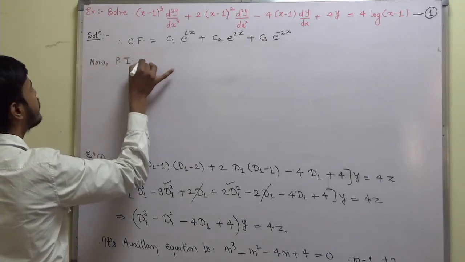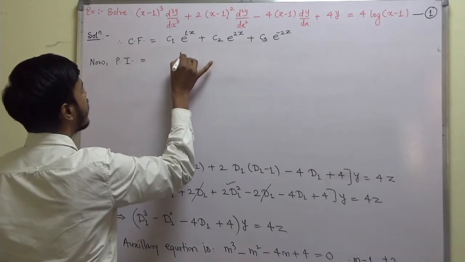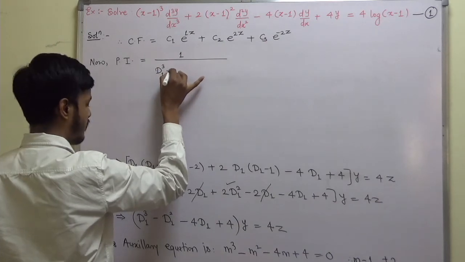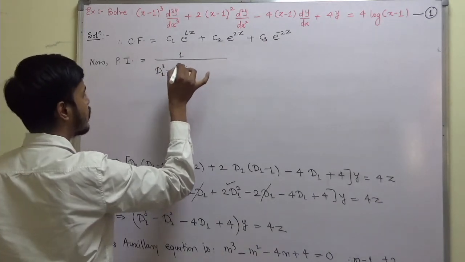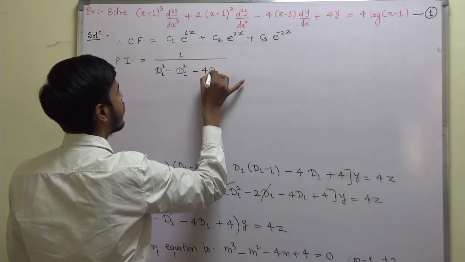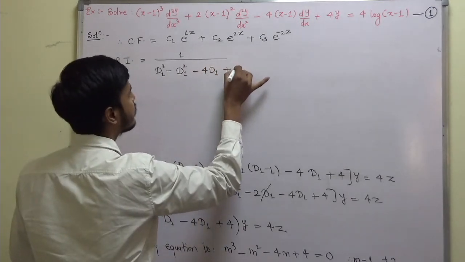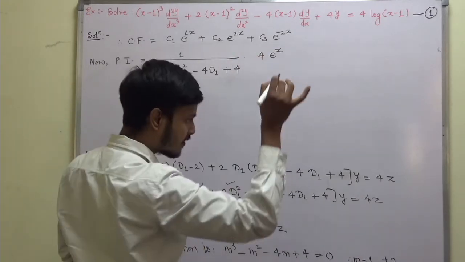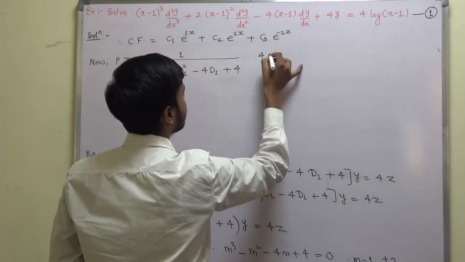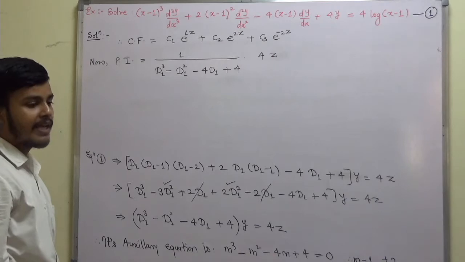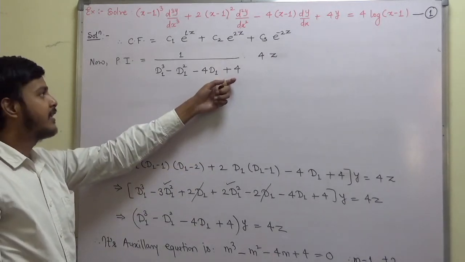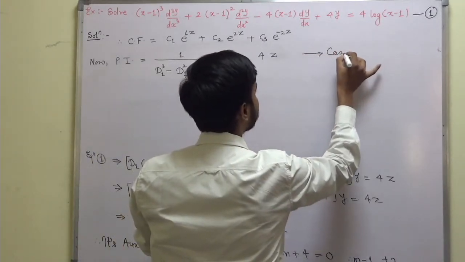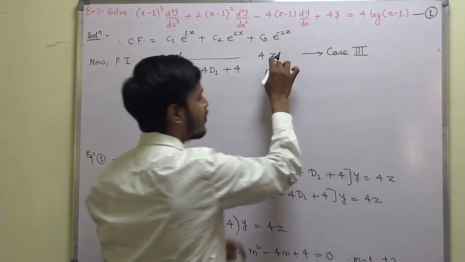PI is equal to 1 upon (D1 cube minus D1 square minus 4 D1 plus 4) into 4z, sorry, not e to the power z, 4z. As you can see, this problem is of case number 3, because we have a polynomial in z.